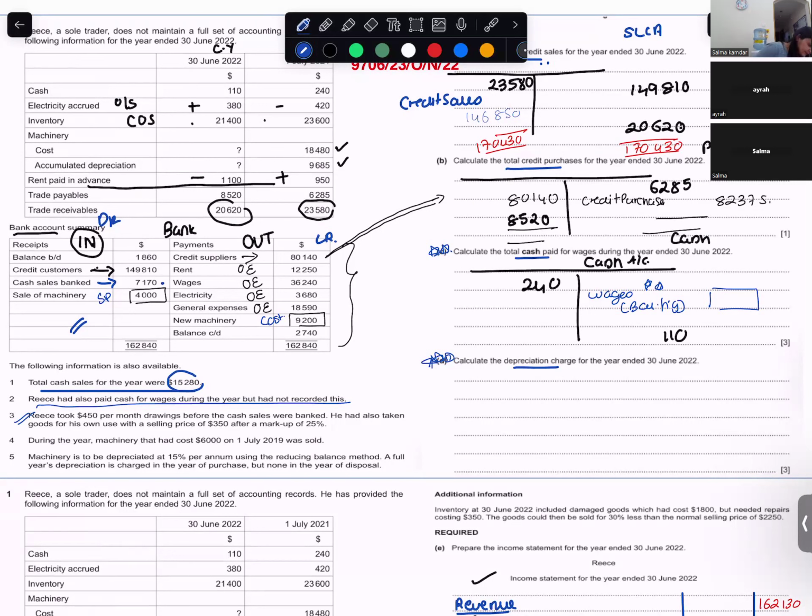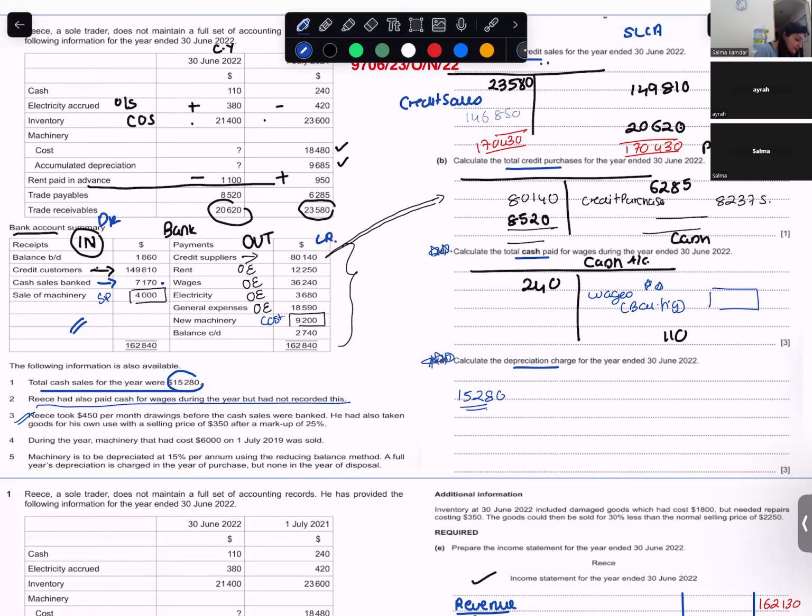Reese took $450 per month drawings before the cash sales were banked. He had also taken goods for his own use with a selling price of $350 after a markup of 25%. Okay. So the total cash sales is 15,280, and the cash sales were banked.